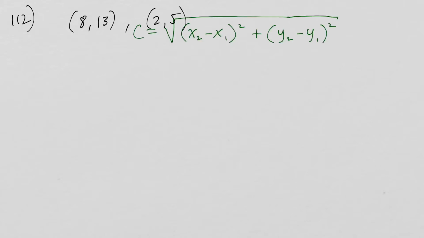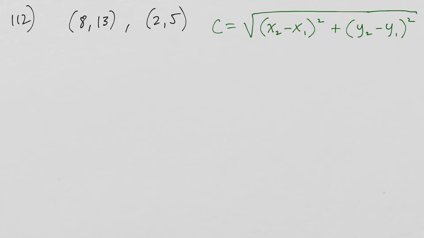Okay, so here we have 2 points. Remember, we figured out the formula in the last problem, and I'll just paste it here so we can use that. All right, so our C is equal to the square root of the difference of the x's. So 8 minus 2, you could have just put 6 squared, plus 13 minus 5.